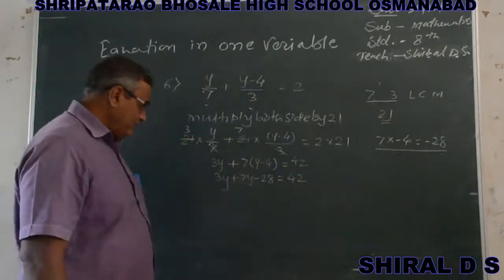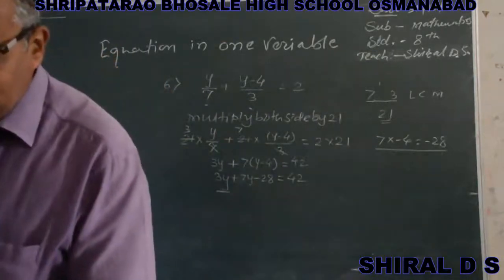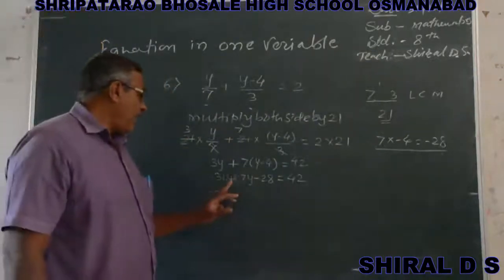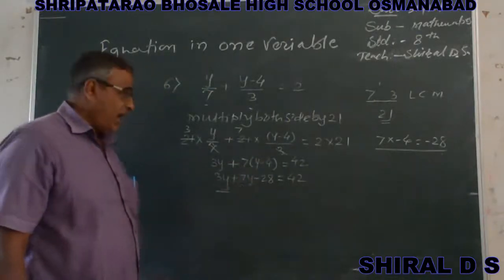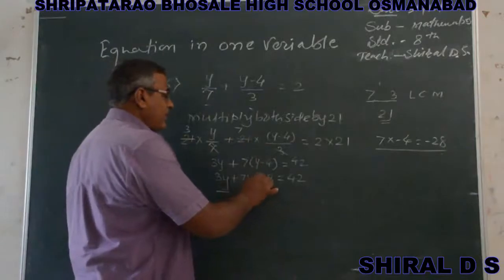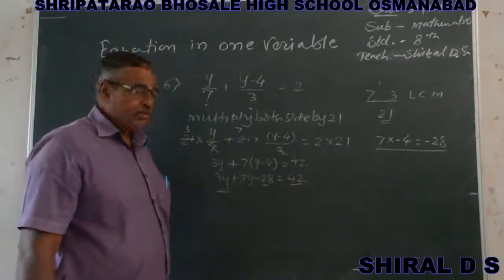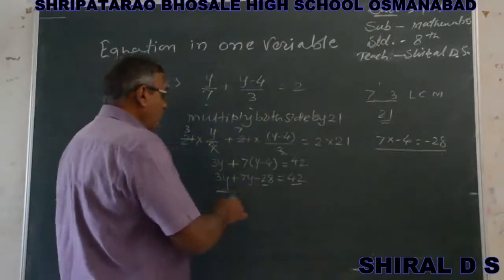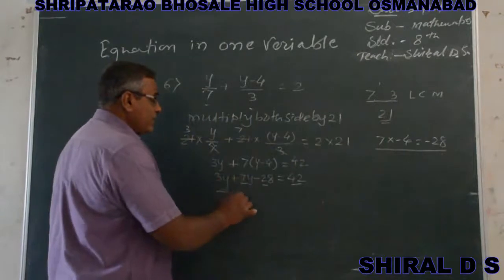Then look here: 3y and 7y. These two terms are similar terms. And here minus 28 and 42, these two terms are also similar terms. Therefore, we add the given two terms: 7y plus 3y is 10y.